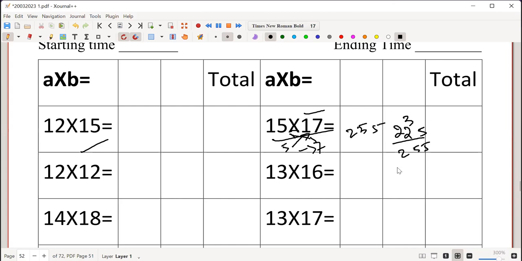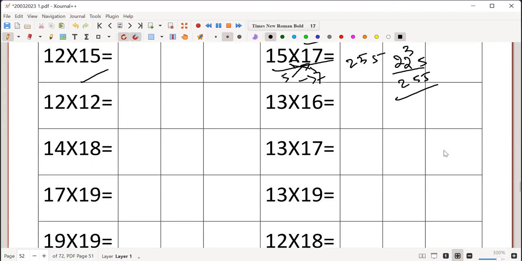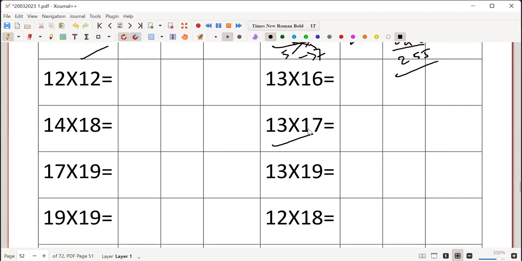So 13 into 17, 20, 200 plus 21. That's 13 into 19.